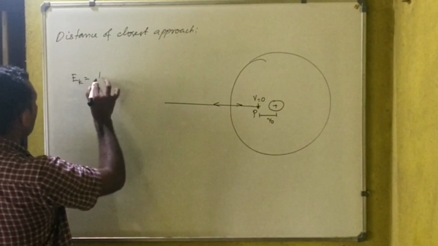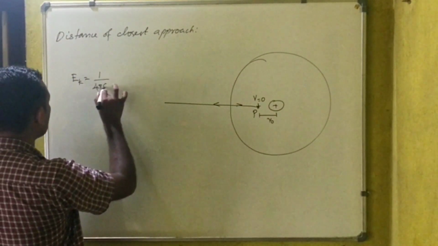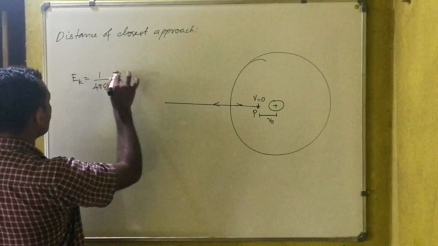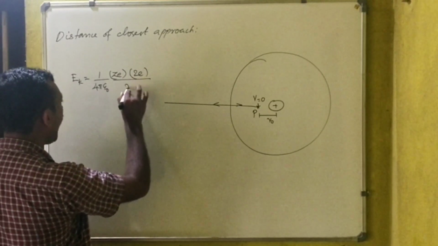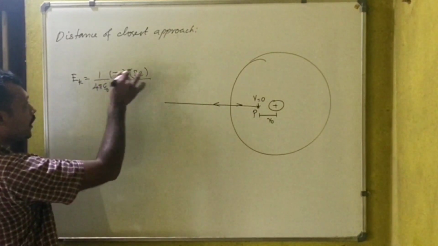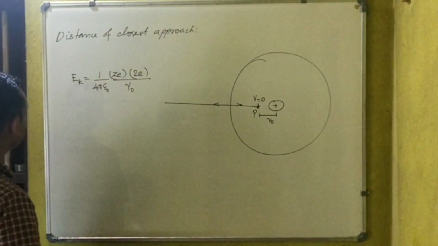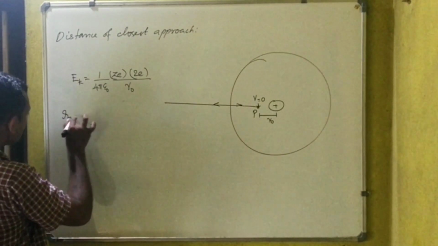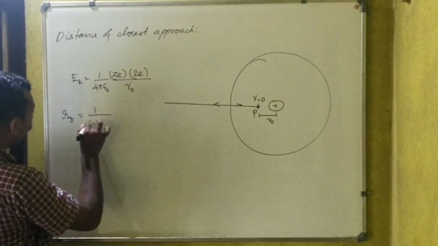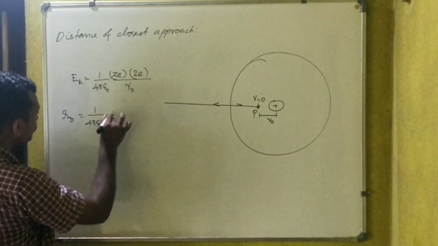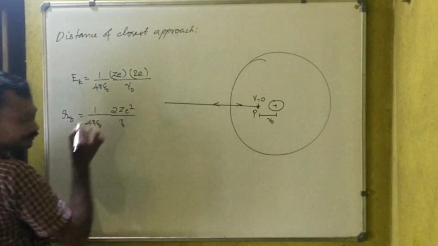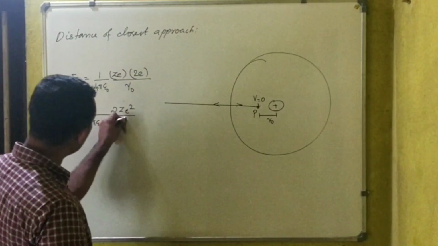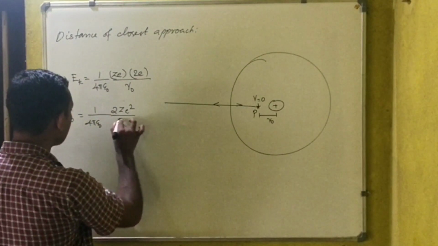Then I can say 1 by 4 pi epsilon 0, the charge of the nucleus is Ze, charge of the alpha particle is 2e, divided by R0. That's the formula I use, k Q1 Q2 by R. From here I will get R0 is equal to 1 by 4 pi epsilon 0 2Ze square divided by Ek.